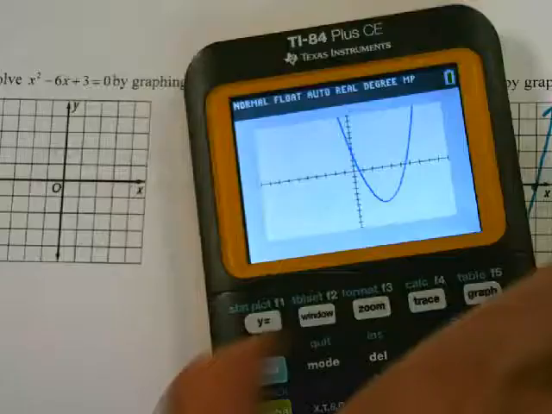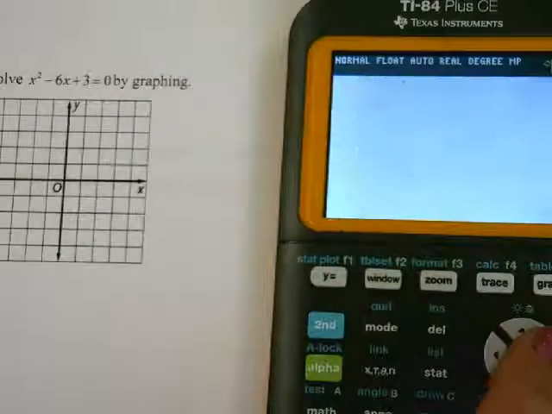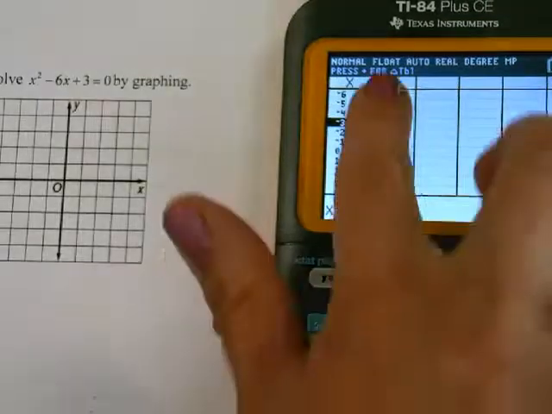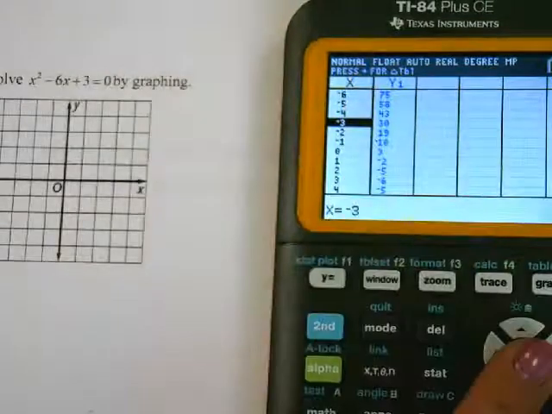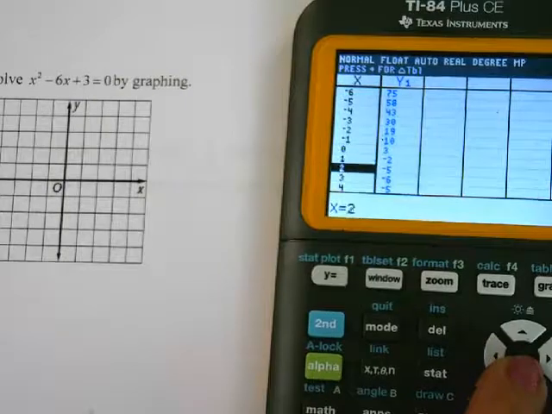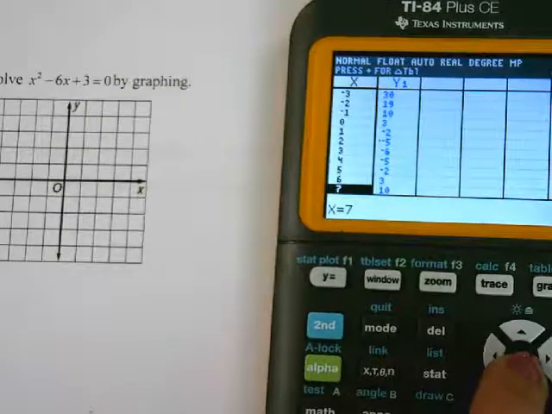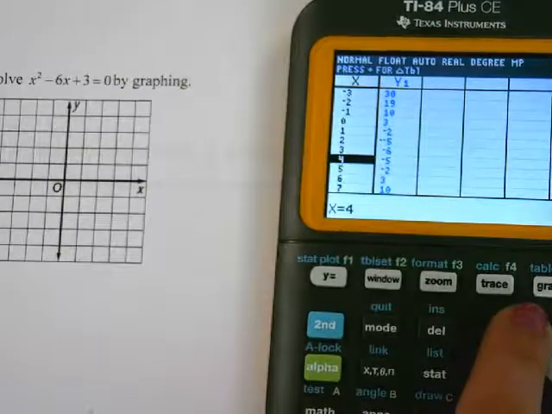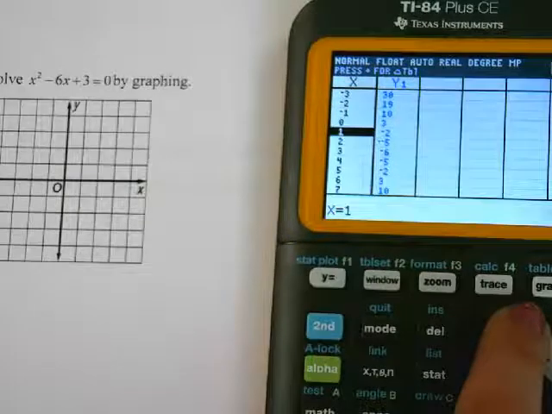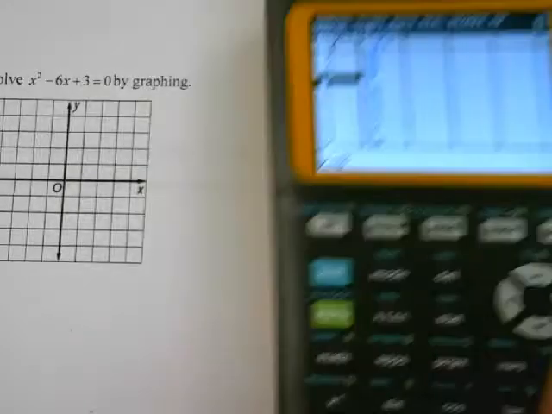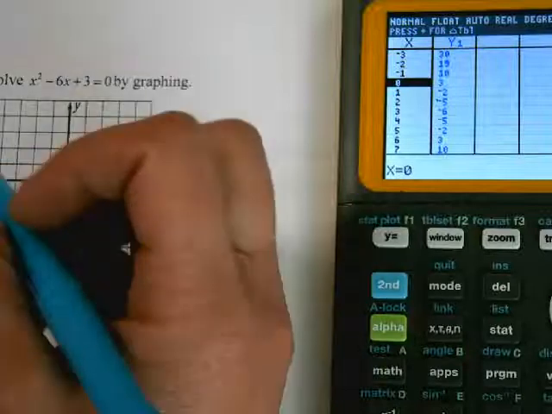In fact, when I go look at my table, we were looking for zeros in the y values. Are there zeros in the y values? No, there's not. Okay, well, let's graph the ones that we can see. At 0, I'm at 3.